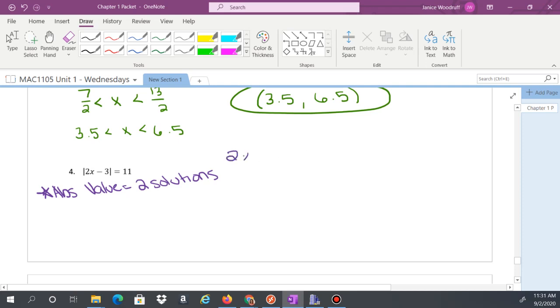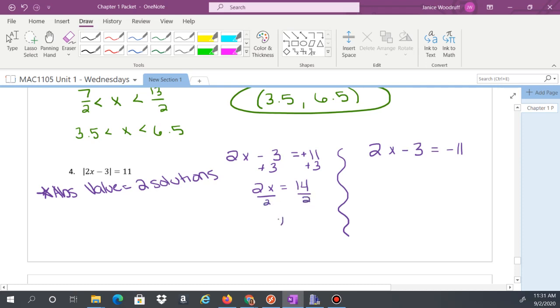So your first equation is just going to be your original equation without the absolute value symbols. And then the second equation is just going to represent the opposite distance from what you started with. So if this is a positive, this one's going to be negative, just on the right side of the equal sign. And then you solve both equations. So here I'm going to add 3 to both sides. I'm going to get 2x equals 14.